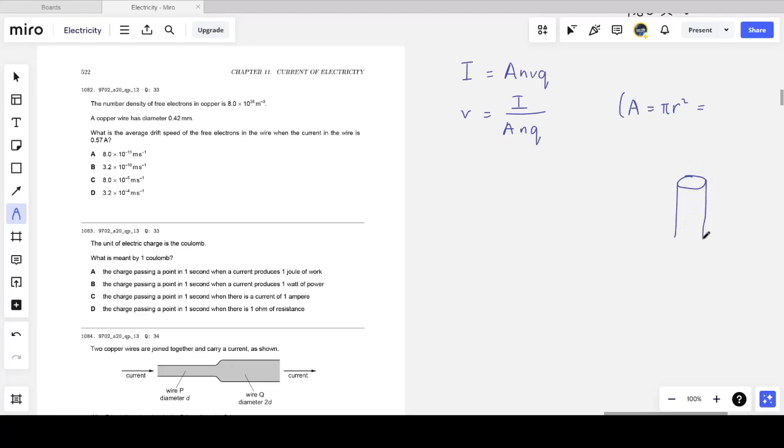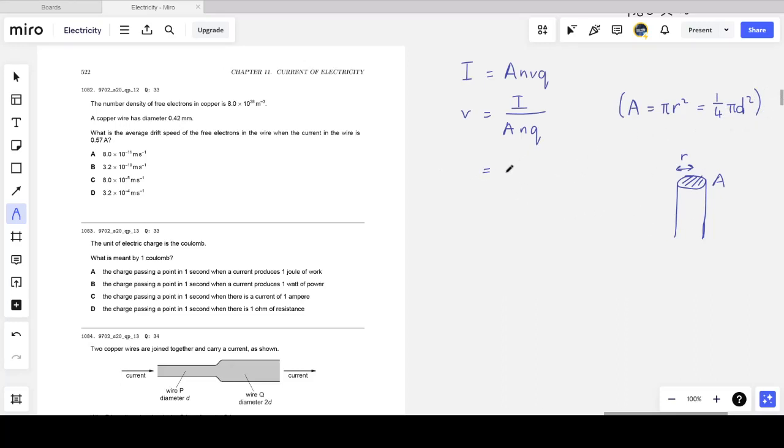I'm exaggerating the size, it's obviously going to be very, very tiny, but the wire will have radius r and cross-sectional area A, and if I double that radius, I get the diameter. And so pi r squared, since they don't give the radius, I can just write this again as 1 over 4 pi d squared. Now that shouldn't be surprising mathematics for you.